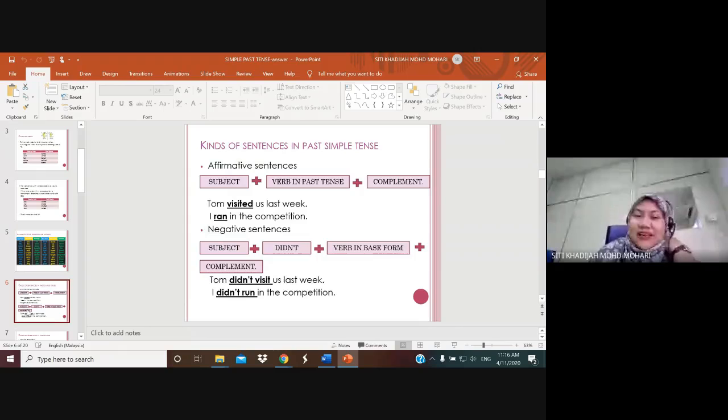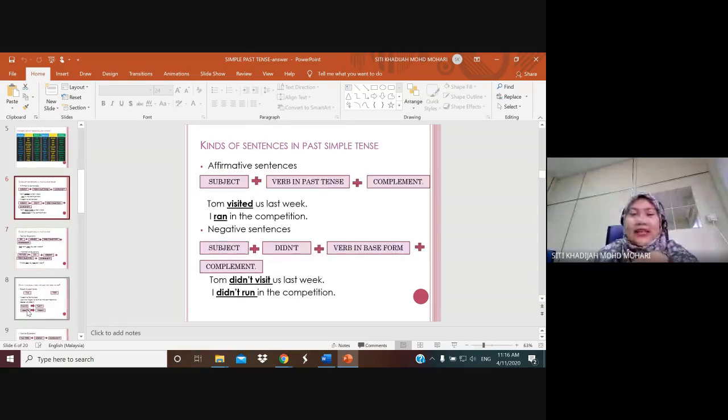Okay, this is how you put simple past tense in affirmative or in a positive statement. The second one is the negative statement. The example of a positive statement: Tom visited us last week. You put it in a negative statement: Tom did not visit us last week. You plus did not.